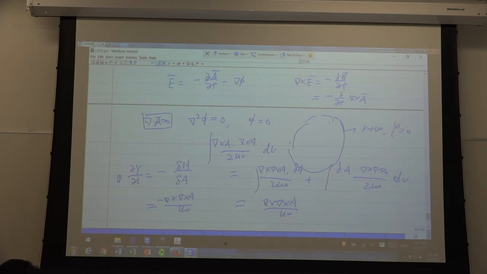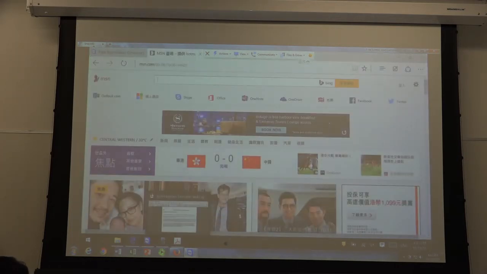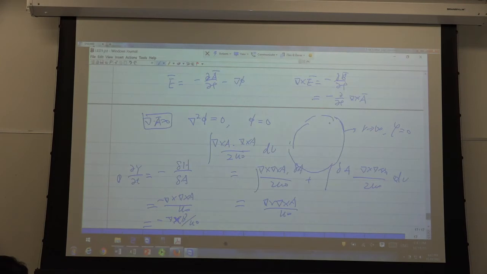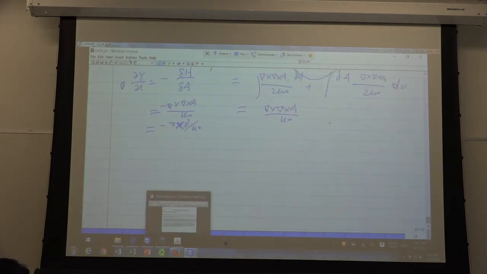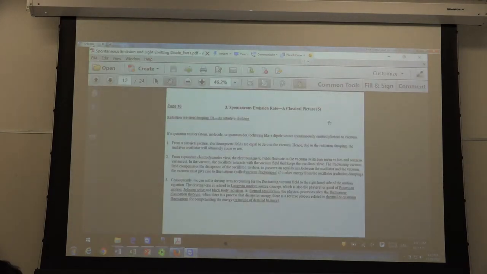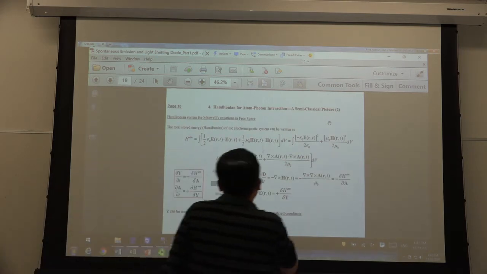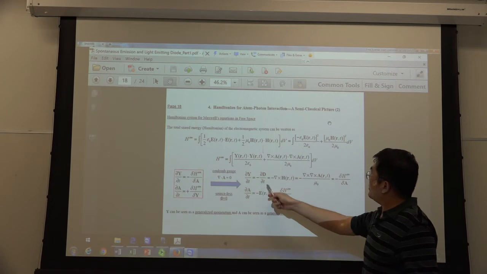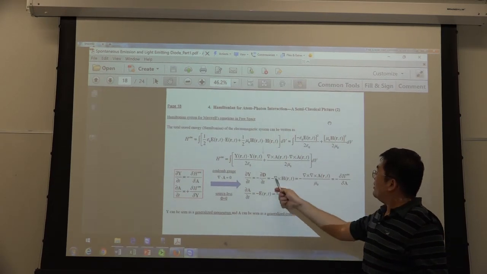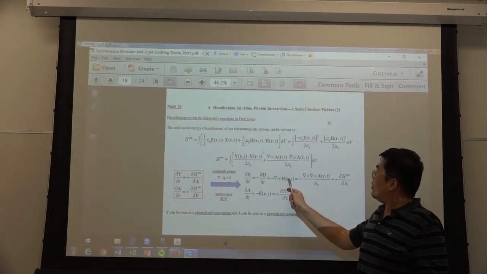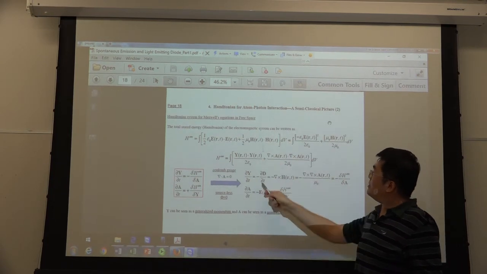So here, this is just the Maxwell equation. You can check, it's just the Maxwell equation. I go to the next page. You can verify: partial D over partial t equals minus curl H, because there is no J in free space.